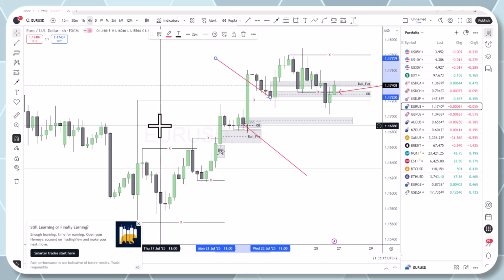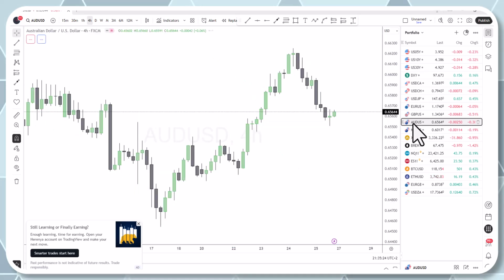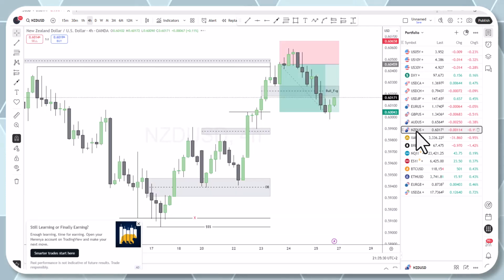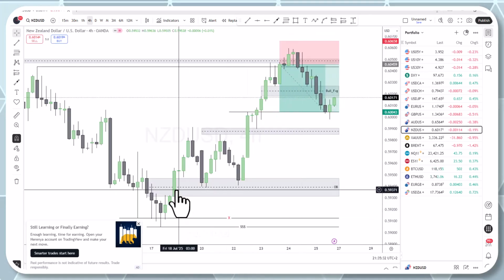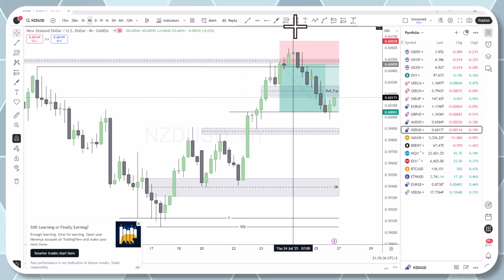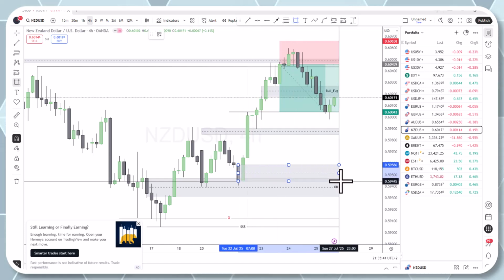These are all valid bullish order blocks, right? So you can go to any chart, any time frame that you decide to look into. Let me just go here quickly. So this is New Zealand dollar versus US dollar. That's a bullish OB, right?